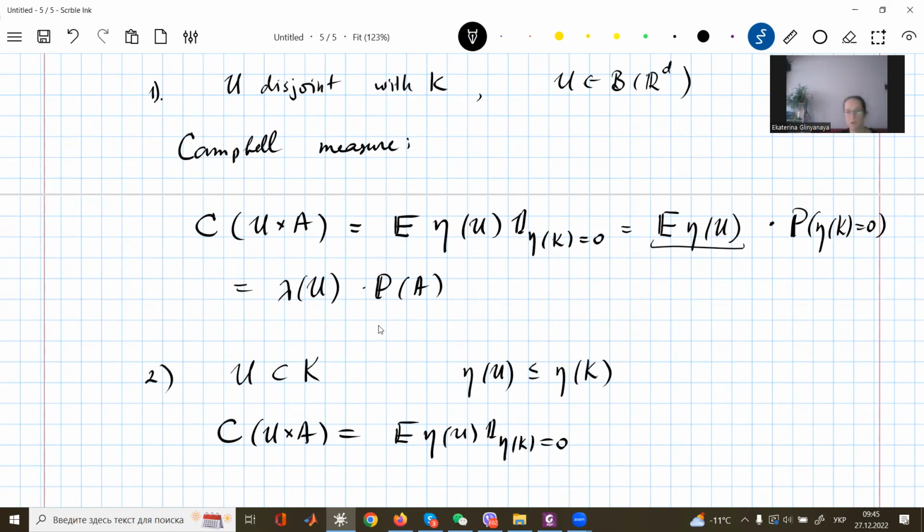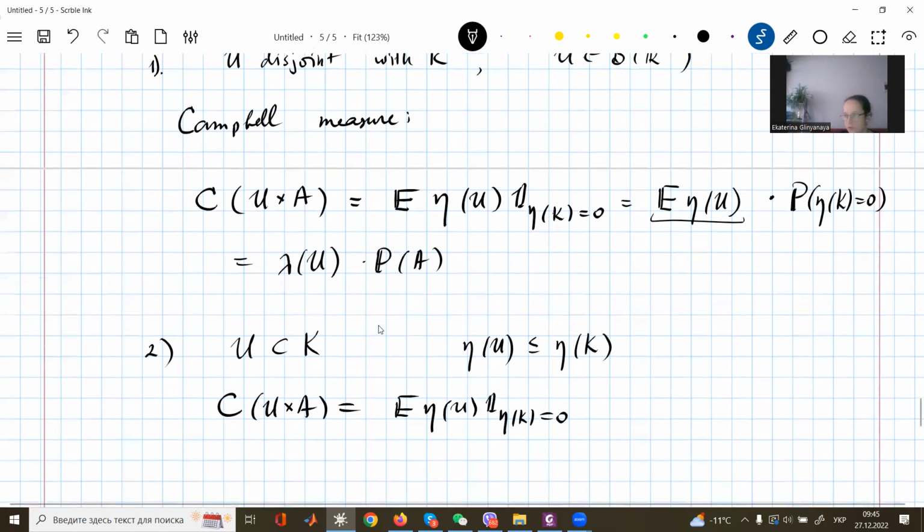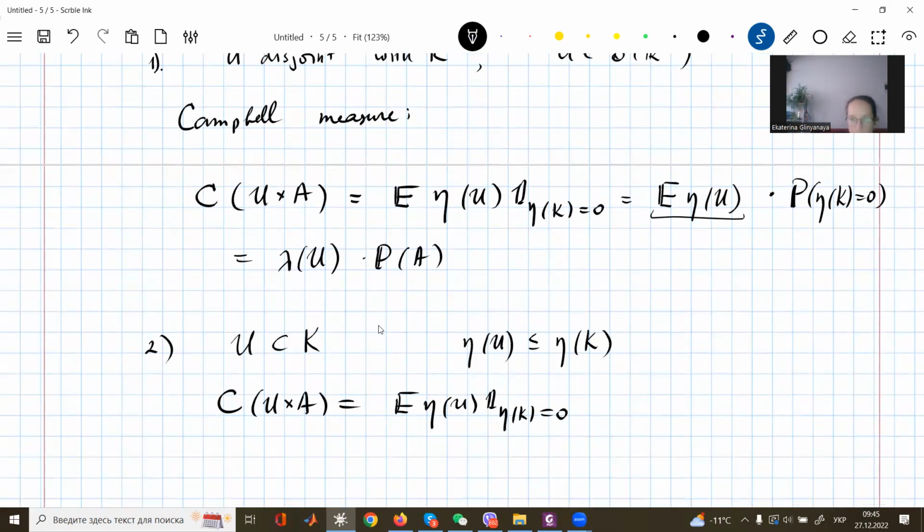And since I have no points in K, I have no points in U also. So this is just equal to 0.